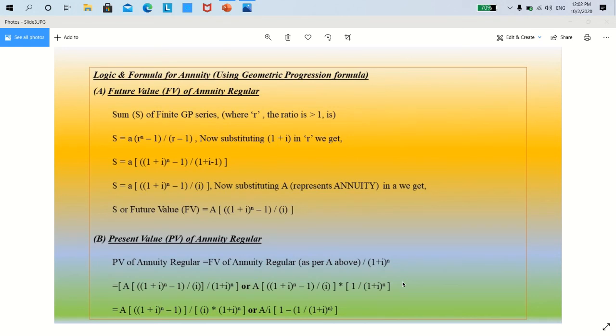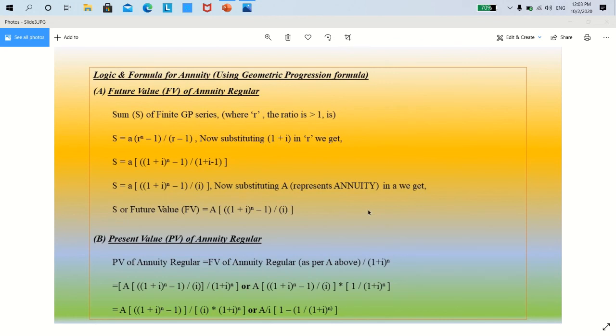So today itself I am asking Mr. Y to pay me one full amount, whereby he will be discharged from his debt. Here the amount will be calculated as PV, present value of annuity regular, for which you will need the formula of FV or future value of annuity regular, which you have already understood in the slide above, top part of the slide.